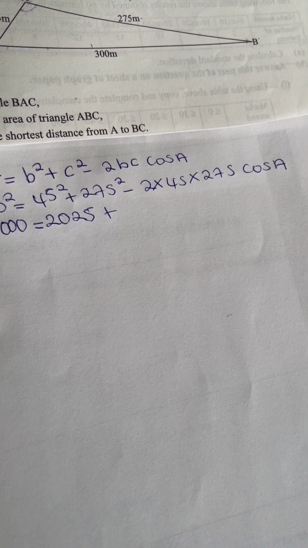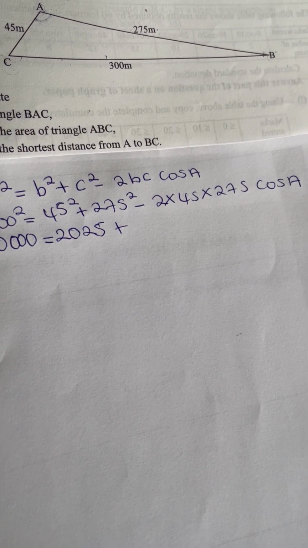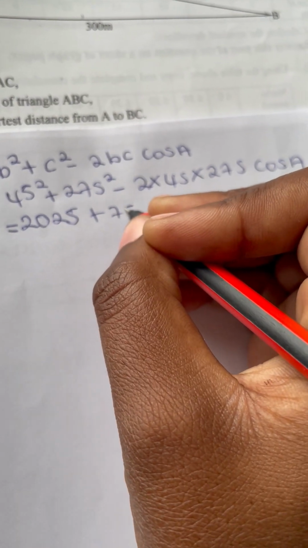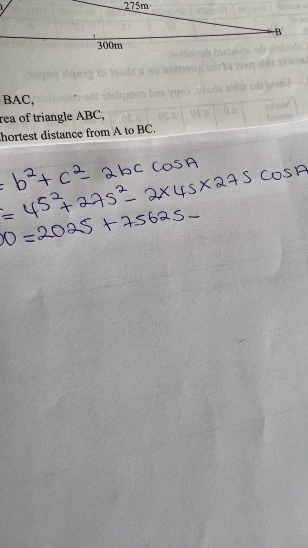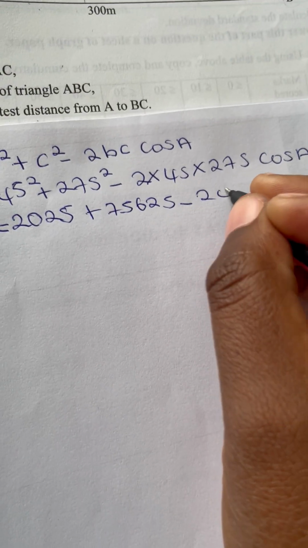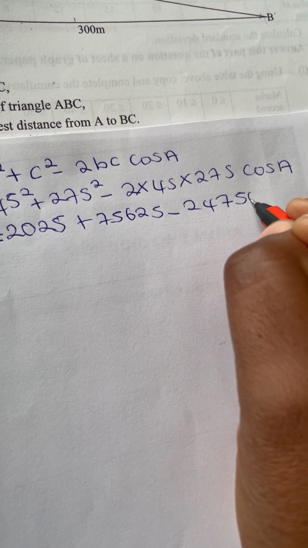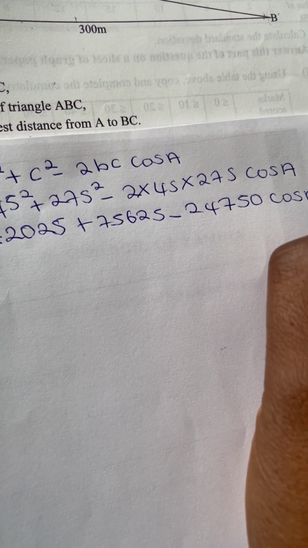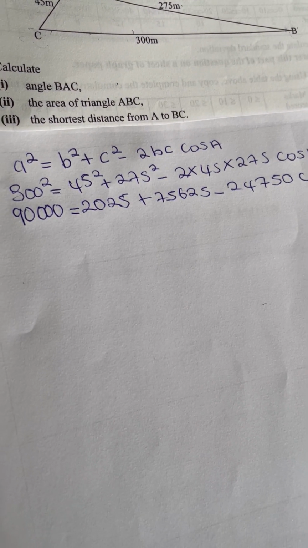How about 275 to the power 2? 275 to the power 2 is 75,625 minus. So what is 2 times 45 times 275? So my answer is 24,750 cos A. Of course, we are looking for cos A, so we don't know it and we are supposed to write it like that.